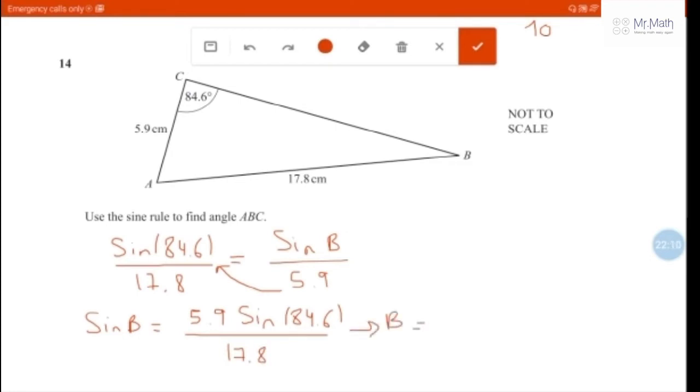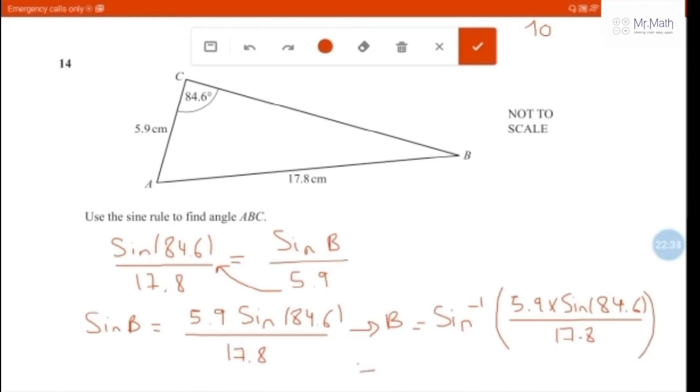B is the sine inverse of 5.9 times sine 84.6 over 17.8.